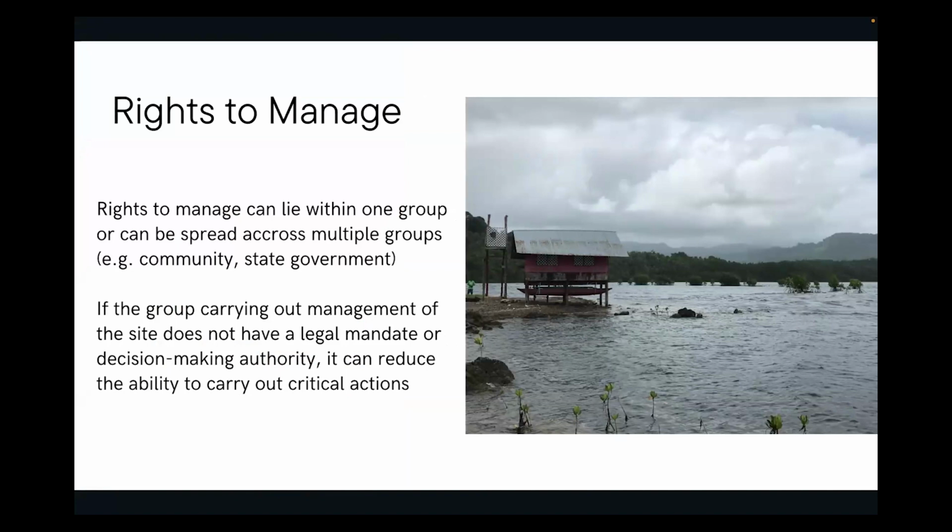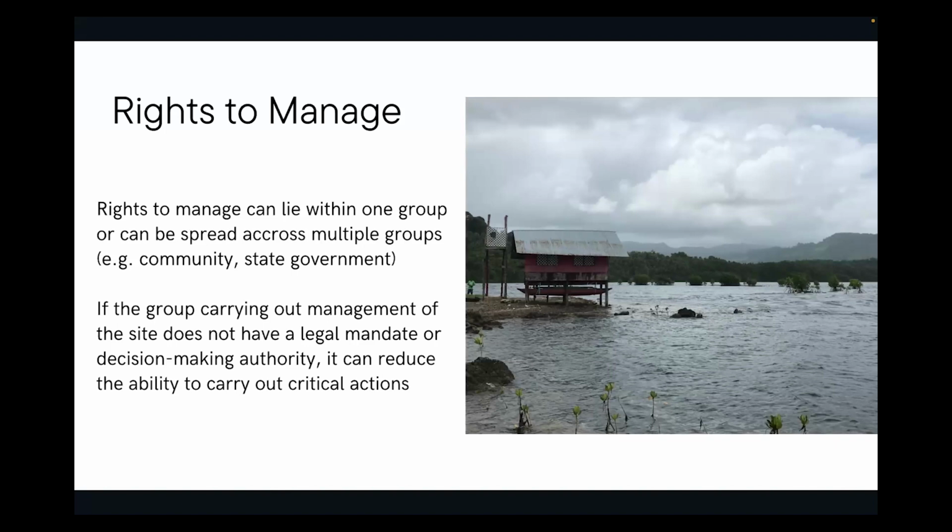So this is the case in Hawaii and Pohnpei, where communities are legally able to establish marine protected areas and make decisions about what kind of rules there are, but they can't legally enforce those regulations because the marine environment is under the authority of the state to enforce. So communities in these places need to work with the relevant enforcement agencies to be effective in their enforcement programs.